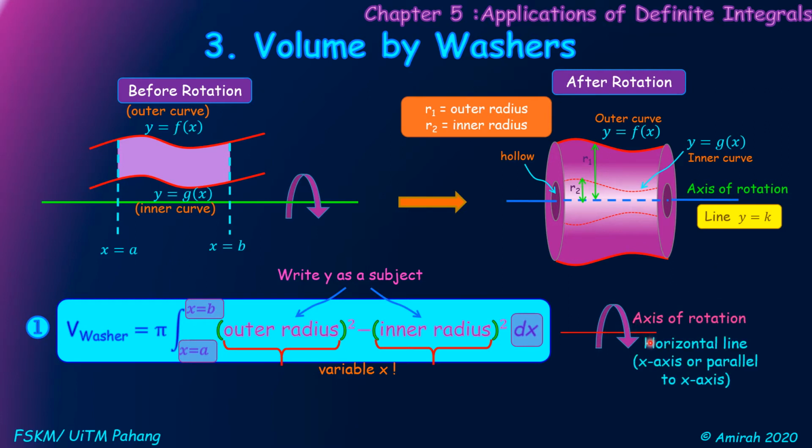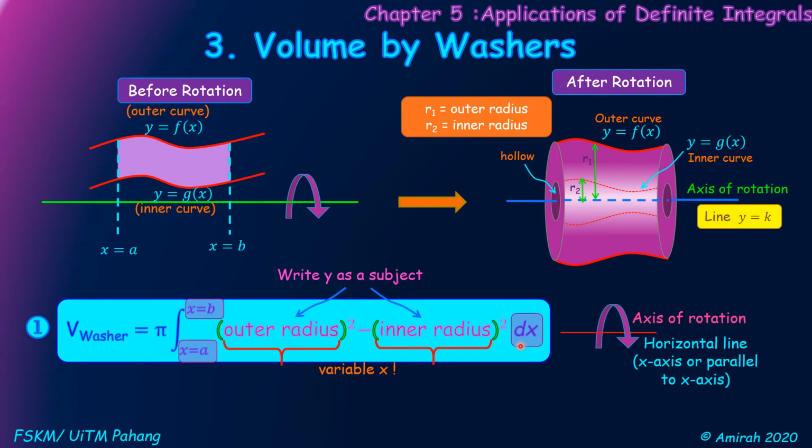Horizontal line here means the x-axis or parallel to the x-axis. I repeat, when the axis of rotation is a horizontal line, when we use the washer method, we will integrate with respect to x.